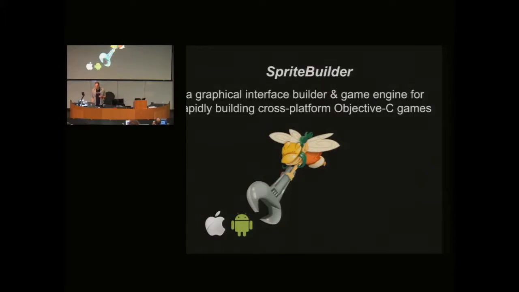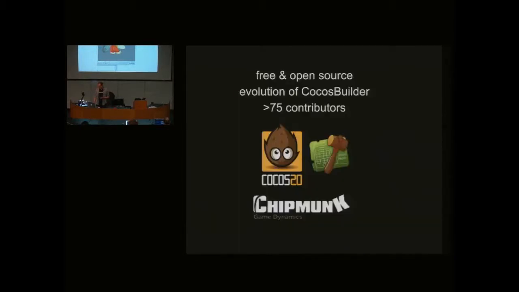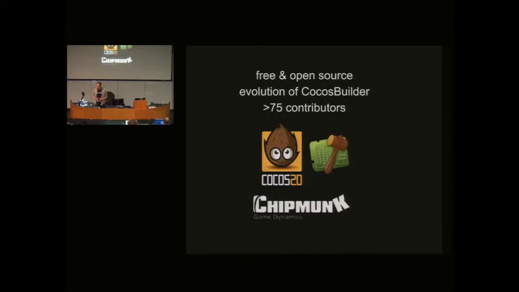This is a product that's developed in the open source by Apportable and by other community members. It looks kind of like this, and it's free and open source. It was originally called Cocos Builder, and it's powered by the Cocos 2D iPhone game engine and the Chipmunk physics engine.